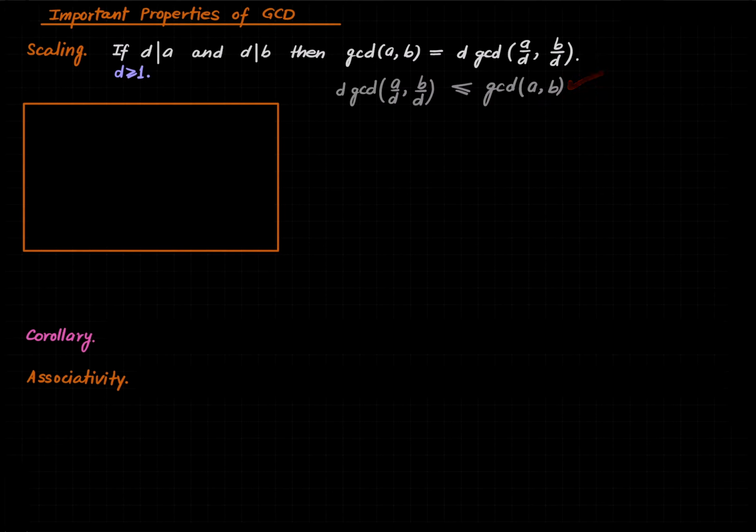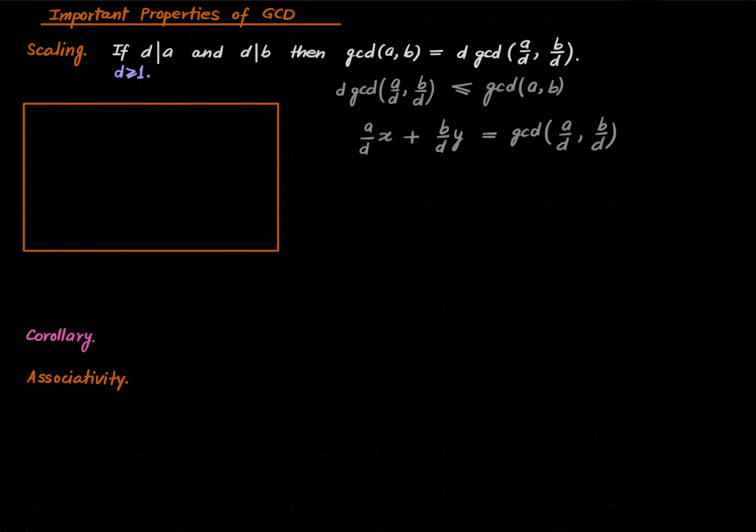So we have this, but now for the other direction, by Bezout's theorem, a/d times x plus b/d times y is the GCD of a/d, b/d. What I really should be writing is that there exist integers x and y such that this happens, but I am being a little sloppy. So we know by Bezout's theorem that there exist integers x and y such that this equation holds.